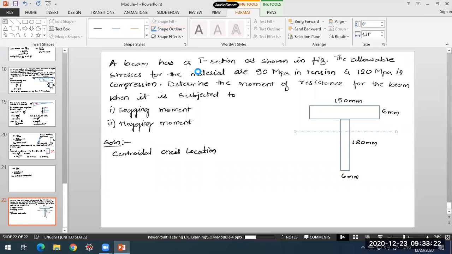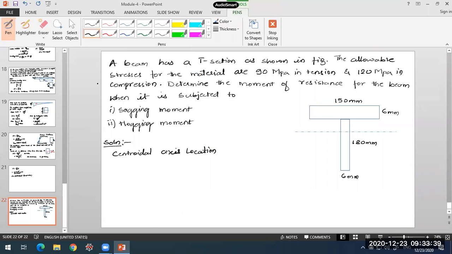We have two areas, rectangular cross sections. From first principles, we'll obtain the location y bar of the centroidal axis, which itself is my neutral axis. With two areas, y bar equals a1 y1 bar plus a2 y2 bar, divided by a1 plus a2.